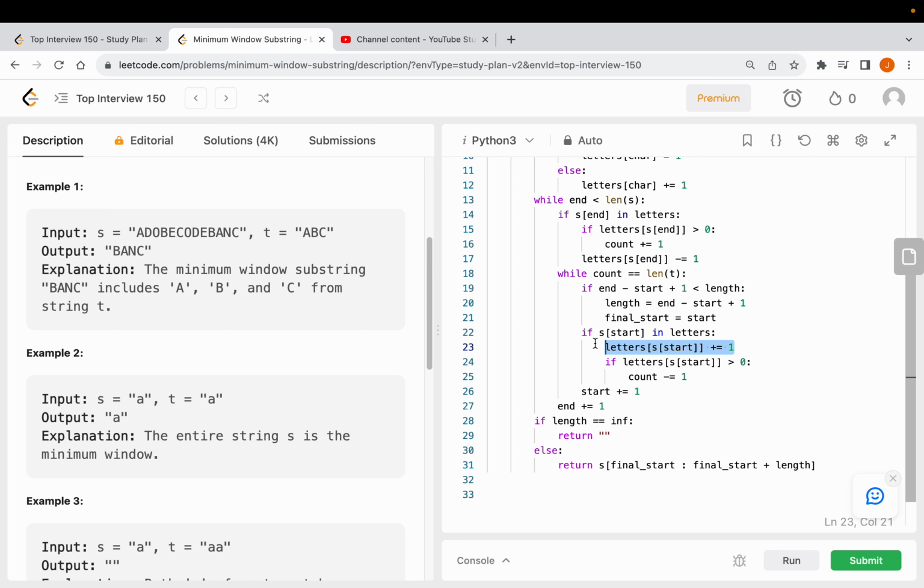Now, if the frequency is bigger than 0, so this is also tricky to explain. So if this letter we were just looking at, we have now removed it from our window, we incremented its frequency, and now we have this smaller window.